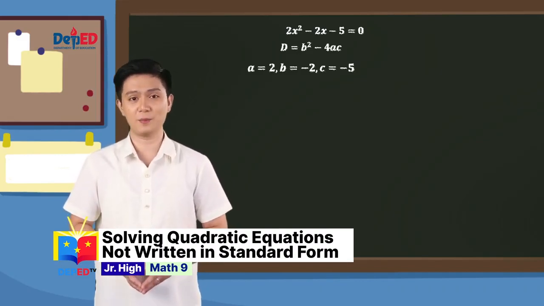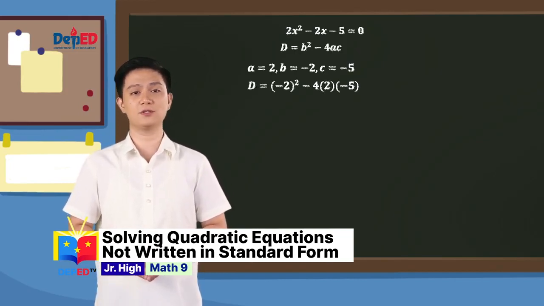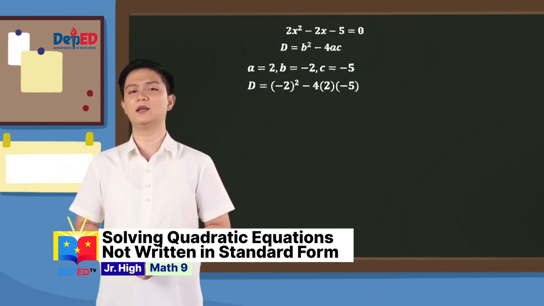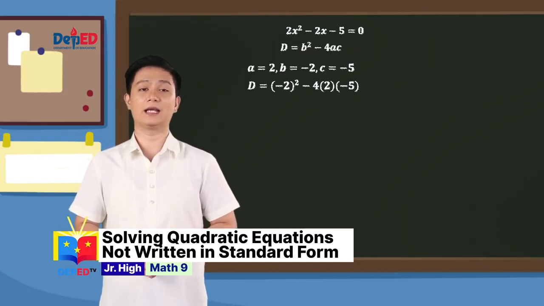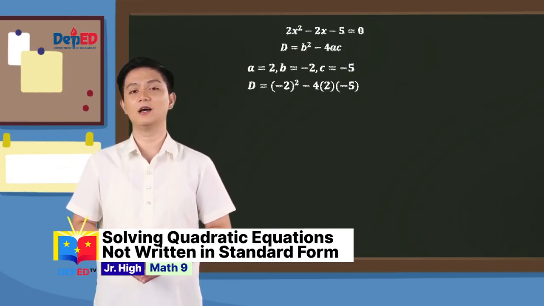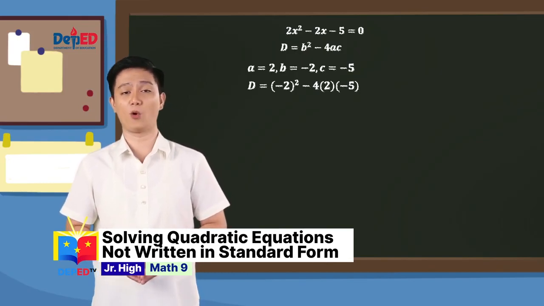Thus, the discriminant of the equation must be equal to negative 2 quantity squared minus 4 times 2 times negative 5. Performing the operations indicated, we should get that negative 2 quantity squared is equal to 4, and 4 times 2 times negative 5 is equal to negative 40.